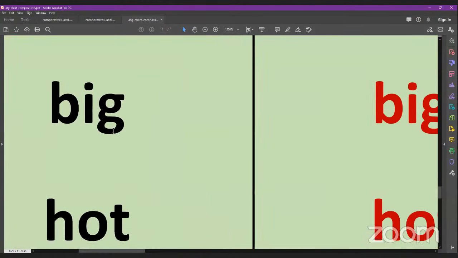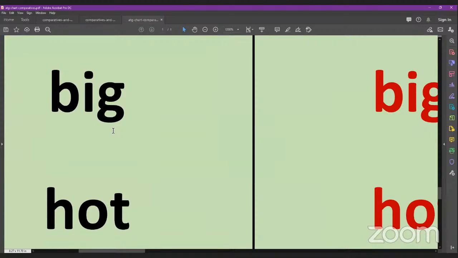These are short adjectives with one single syllable. Yes, I understand, all we have to do is just add the suffix er, but this one has a different spelling. Consonant, vowel, consonant. The same here. Consonant, vowel, consonant.